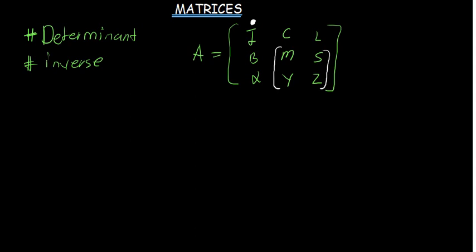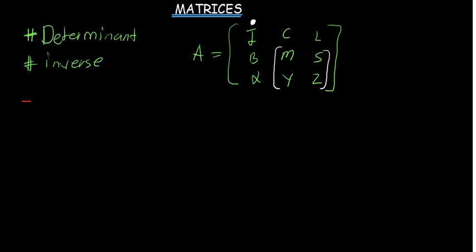So we are going to have to multiply the I with this part. Our I here, we are going to multiply with what we have inside. And what do we have inside? We have M, we have S, we have Y, we have Z. Now we get to C. What is C telling us?